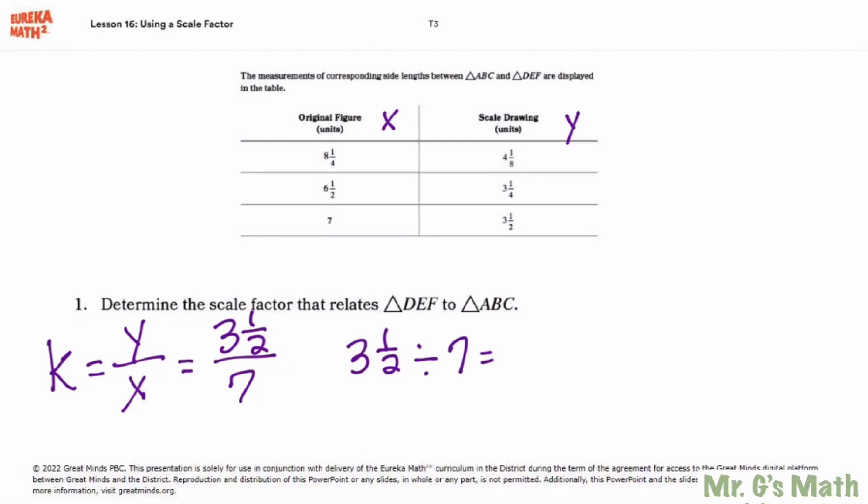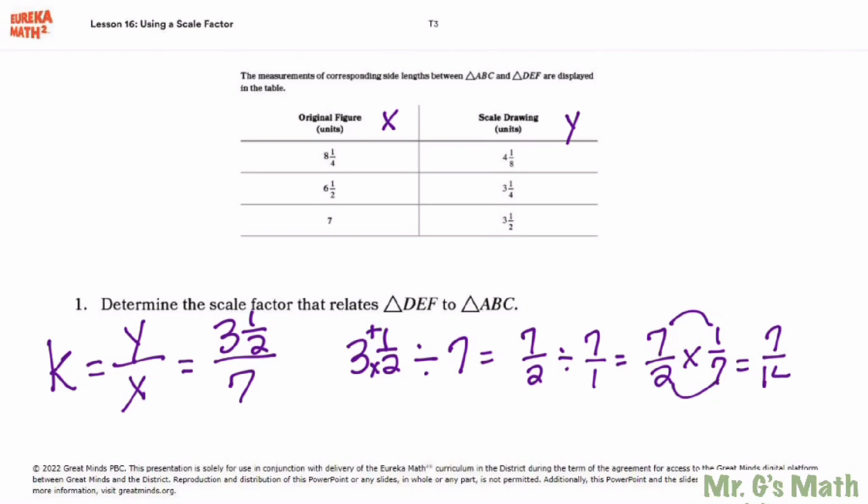Still can't use those numbers the way they sit, so I'm going to do 3 times 2 is 6, and 6 plus 1 is 7. So that's going to be 7/2 divided by 7 over 1. Now I have two fractions and division, so we can use the multiplicative inverse. So 7 over 2, times 1 over 7. 7 times 1 is 7, and 2 times 7 is going to give us 14.